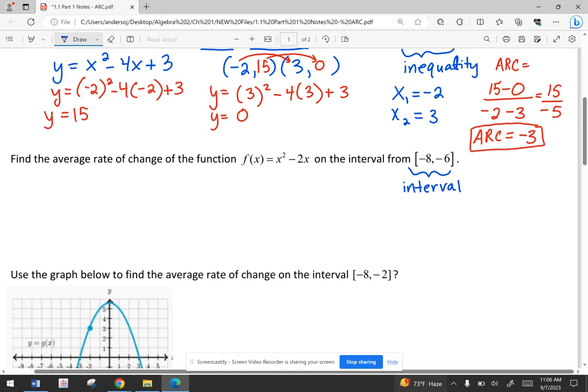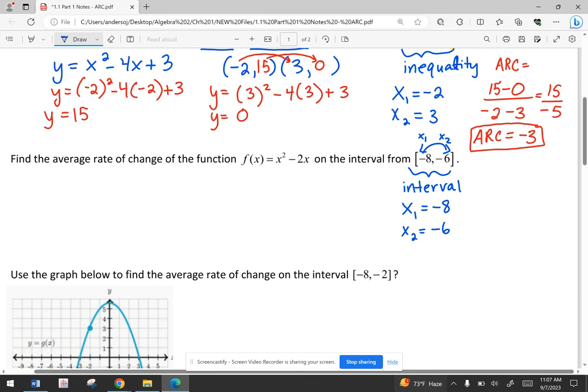What that interval is telling you is the two x's that you have. You have the first x being negative 8, and you have the second x being negative 6. This is not x and y. Okay, it is not a point. It is an interval. It is saying from this x to this x.